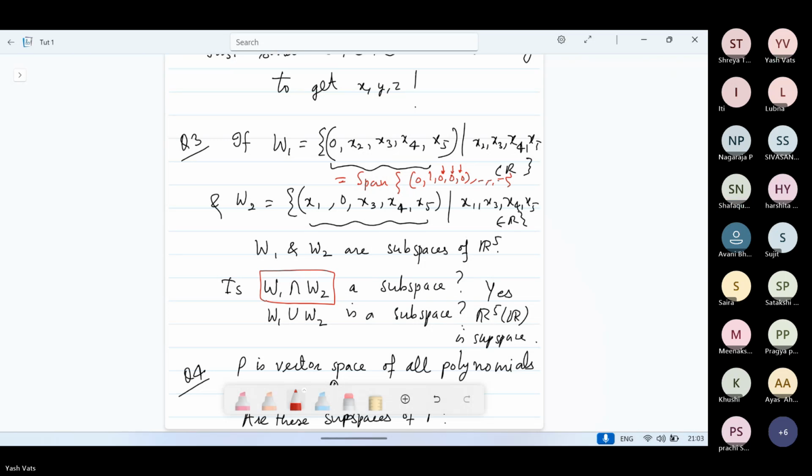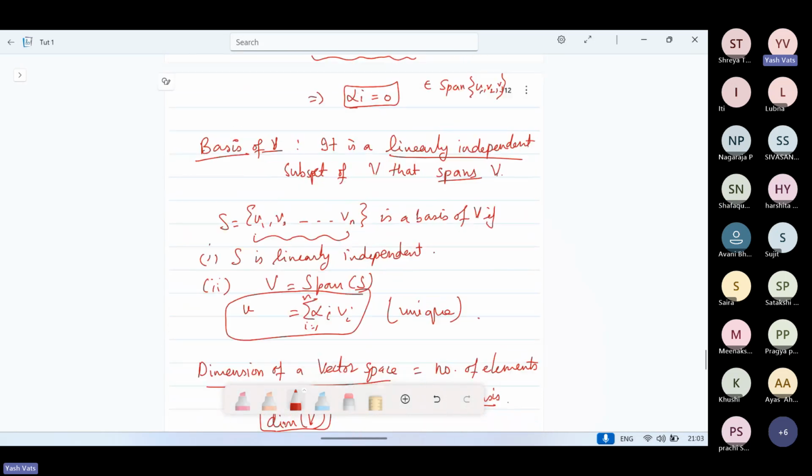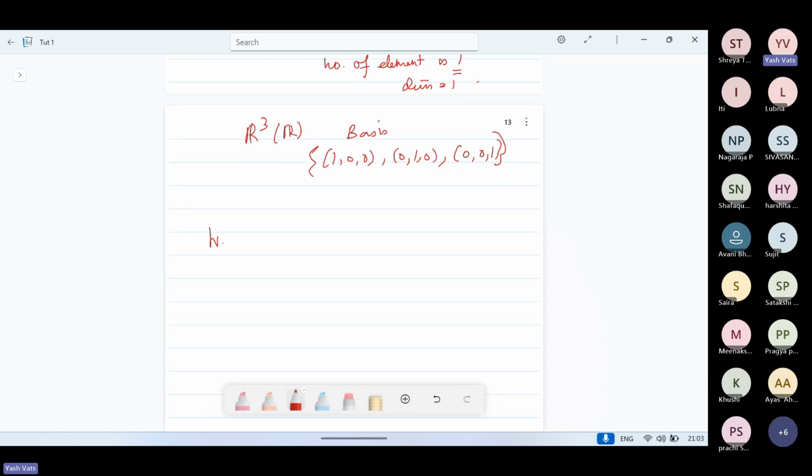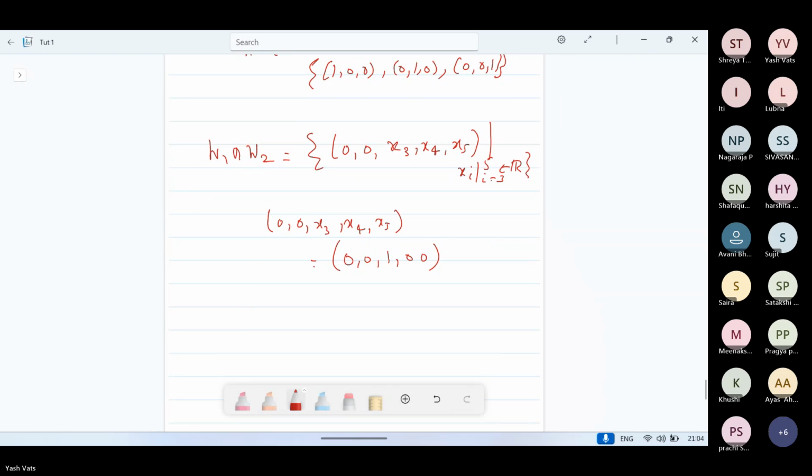W1 intersection W2 has elements like this: 0, 0, x3, x4, x5, and these xi's for i from 3 to 5 lie in R. Then you can write this element as a span of (0,0,1,0,0), (0,0,0,1,0), and (0,0,0,0,1).